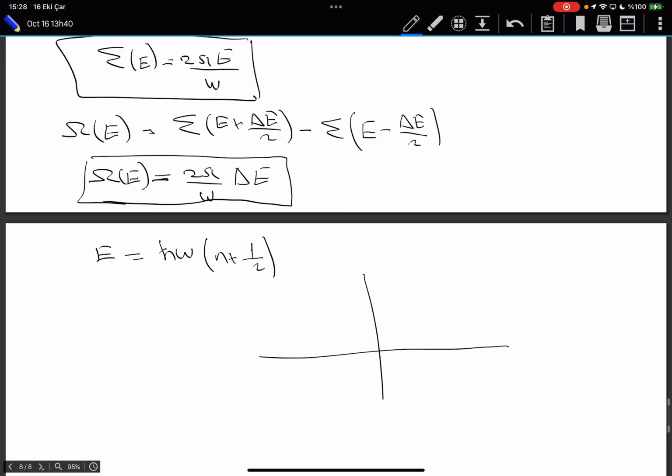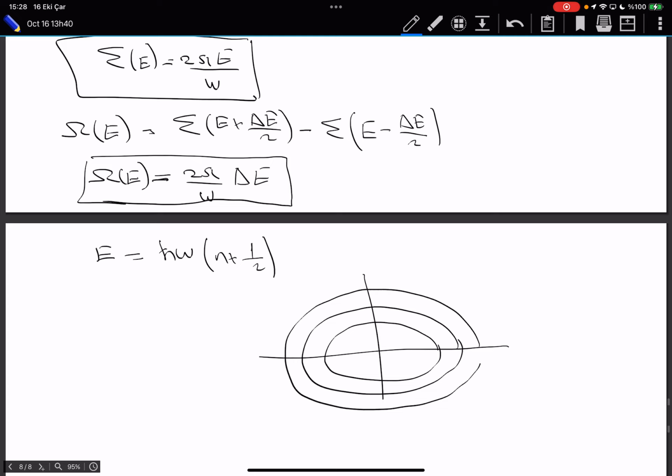For each n there is an energy, and for that n there is a corresponding ellipse with changing radii. If you choose delta E to be h bar omega, omega should be 1.